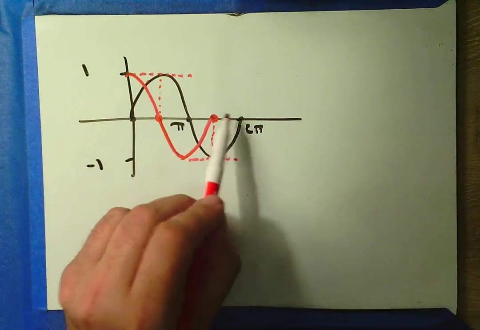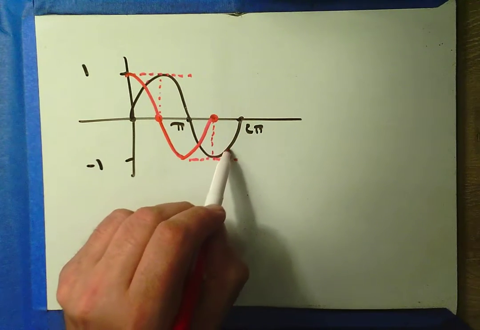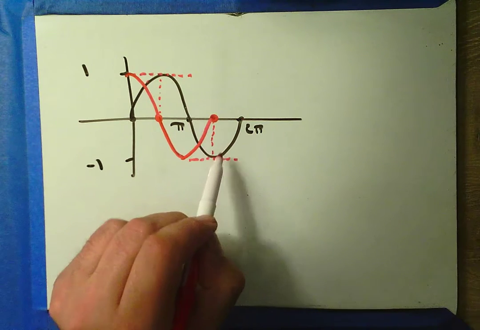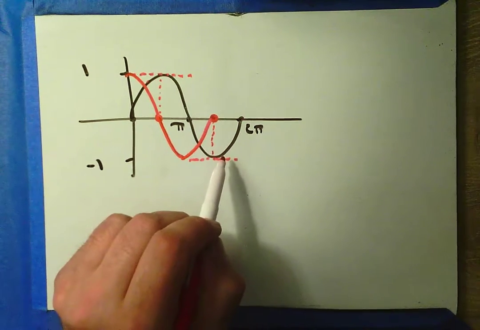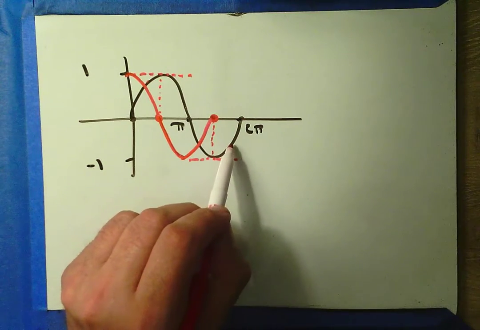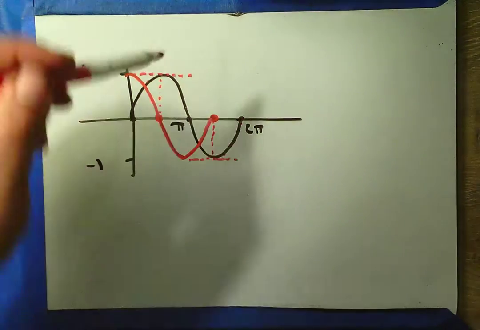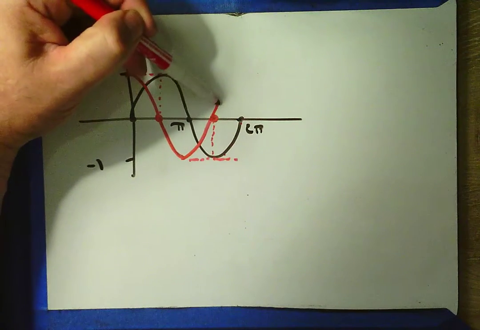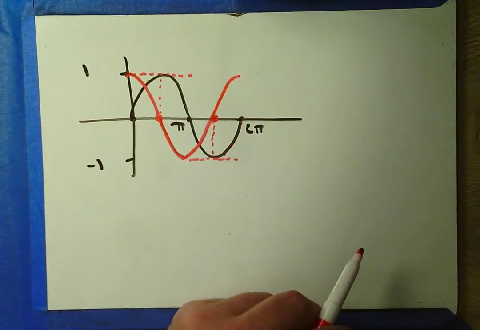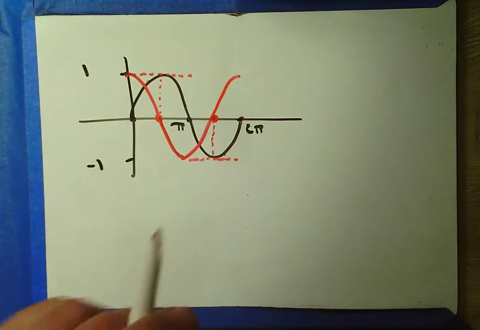From 3 pi over 2 to 2 pi, I see that these slopes on sine are all positive numbers. Not the y values on sine, the slopes on sine. A little positive, more positive, very positive. And so there's my graph of the derivative of sine.